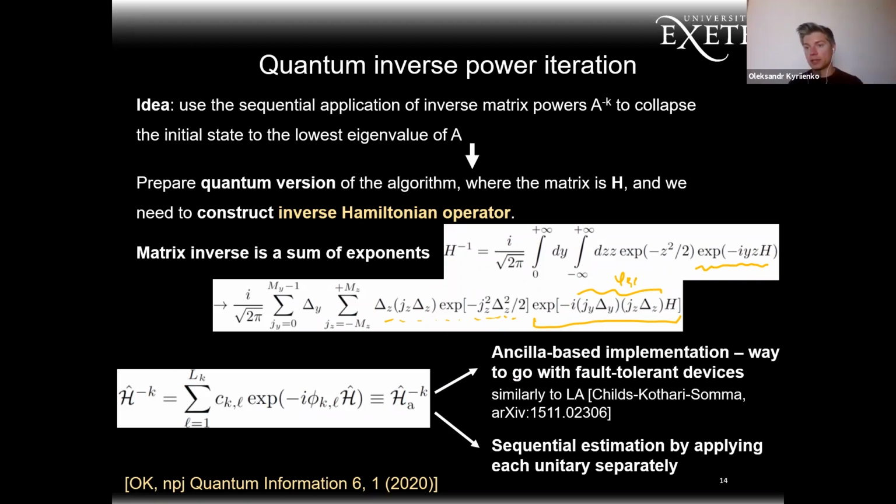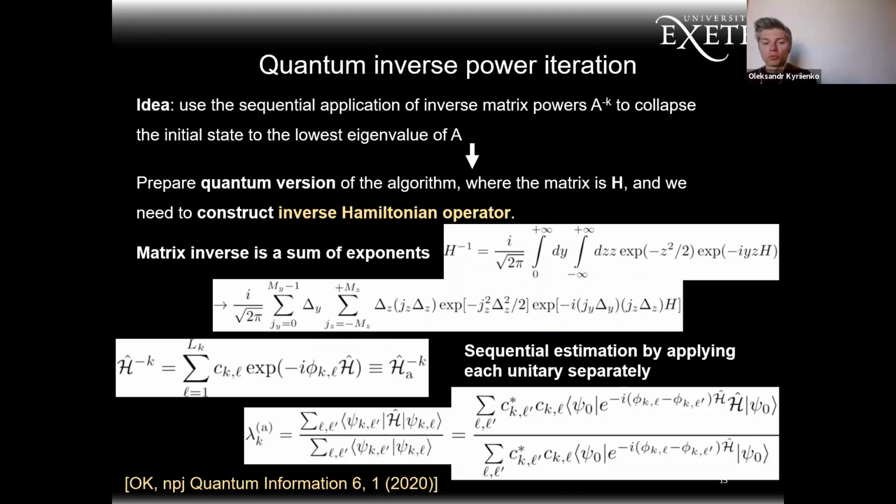Yeah, exactly. What you require is not just state preparation in this case. I go one step beyond and say the eigenvalue lambda. I know if I apply the inverse operator many times to psi, I will prepare some approximate eigenstate. And then what I want to estimate is the energy of this eigenstate.